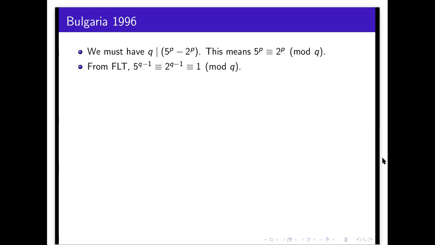So when I mean to combine, I mean like if I were to multiply some power of 5 to the p by some power of 5 to the q minus 1 and try to get another equation from that.